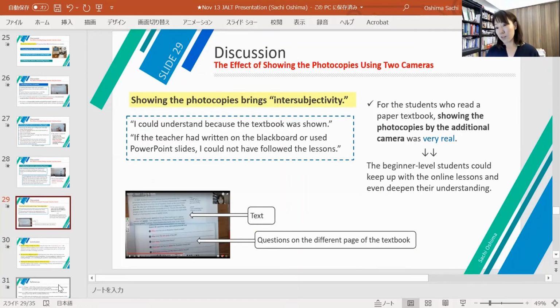For the student who reads a paper textbook in front of their PC, showing the photocopy by the additional camera was very, very real. It's exactly the same as what they are looking at. So the beginner level student could keep up with the online lesson and even deepen their understanding.